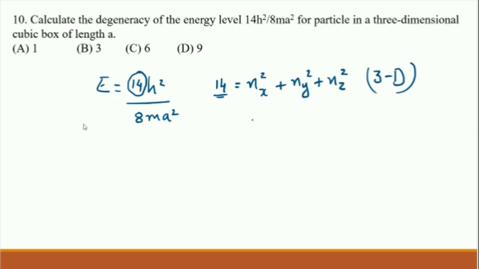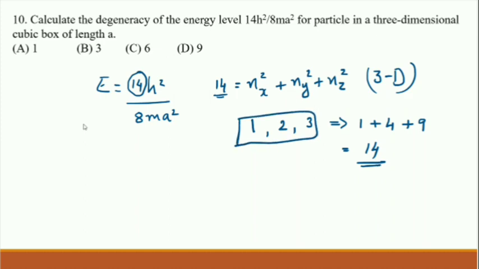So how to get this 14? If we substitute nx 1, ny 2 and nz 3, what will we get? 1 square is 1, 2 square is 4, 3 square is 9. 9 plus 1 is 10, 10 plus 4 is 14. So the numbers are 1, 2 and 3.